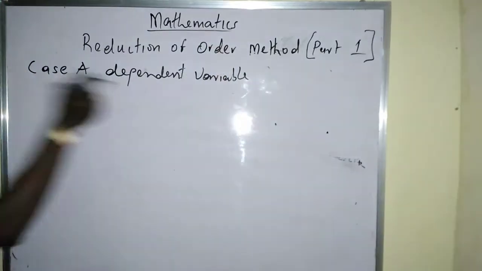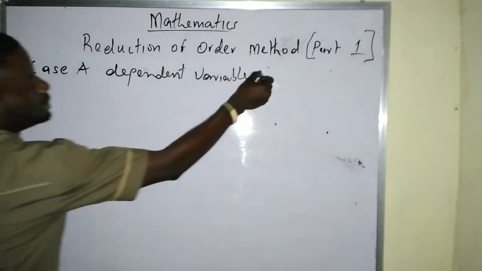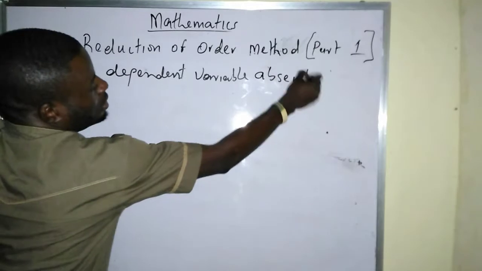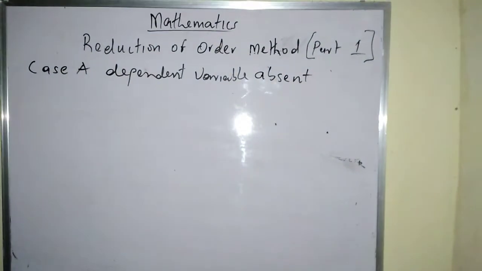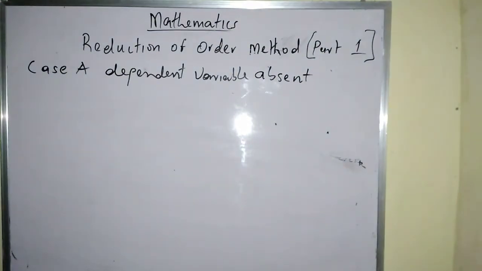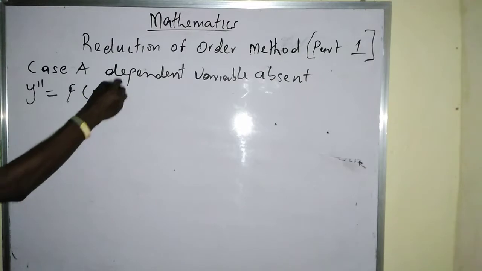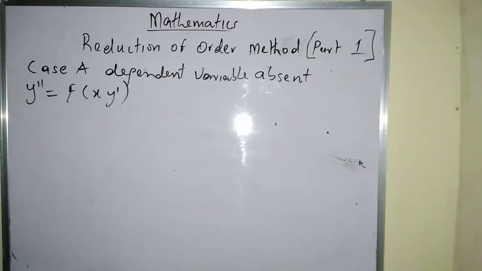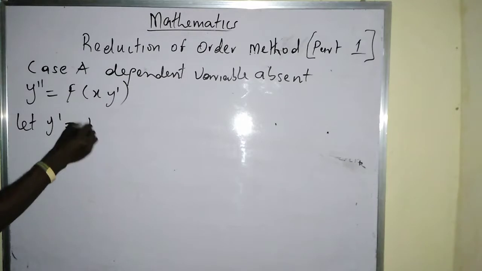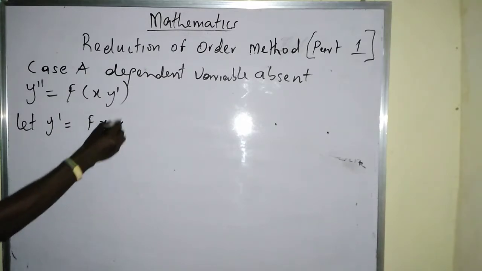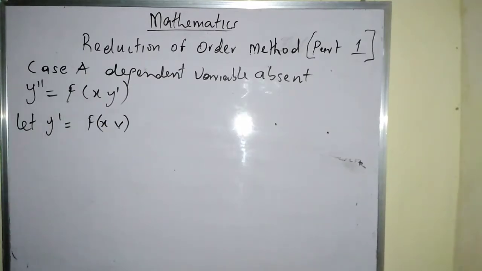If my dependent variable is absent, it means y double prime is equal to f of y prime and x, something like this. If I have this type of problem, what I will do is let my y prime equal to v, a function of x.